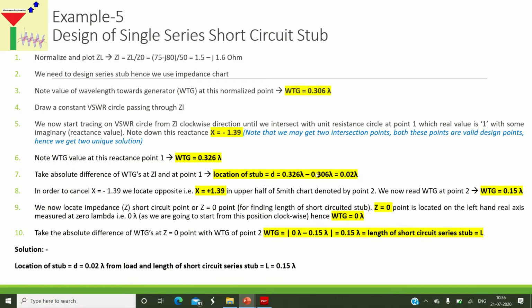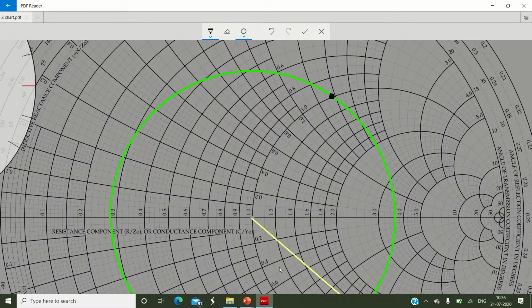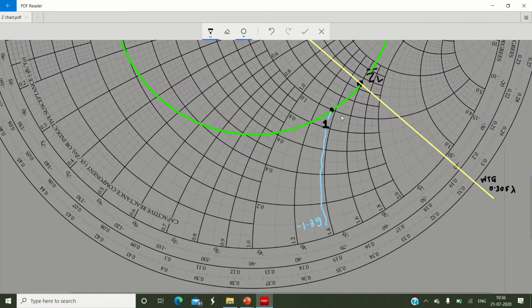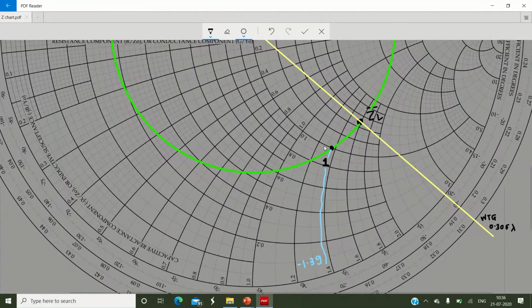Now at this particular point, again we need to read out the value of WTG. So the next step is to read out the value of WTG at this intersection point number 1. We have got point number 1 now, and we want to find the WTG value at point number 1.